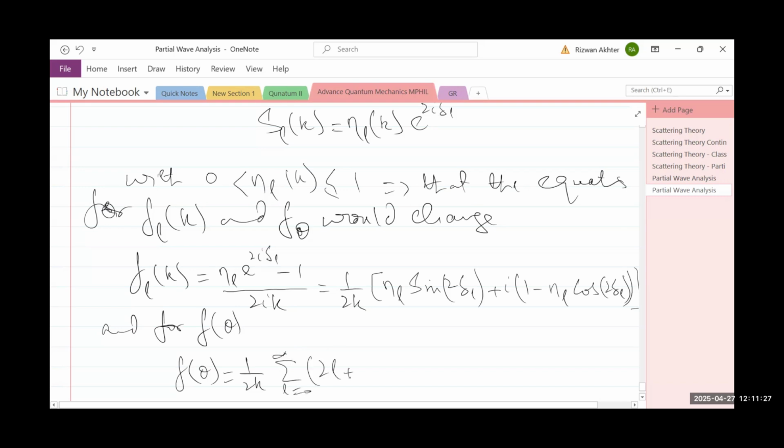Then we have 2L plus 1 factor, and then we have n_L sine 2 delta L plus iota, 1 minus n_L of cos 2 delta L.